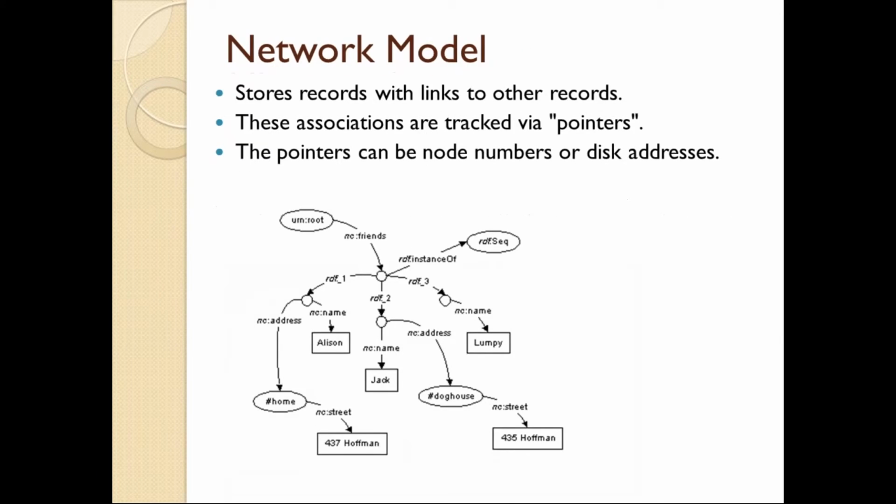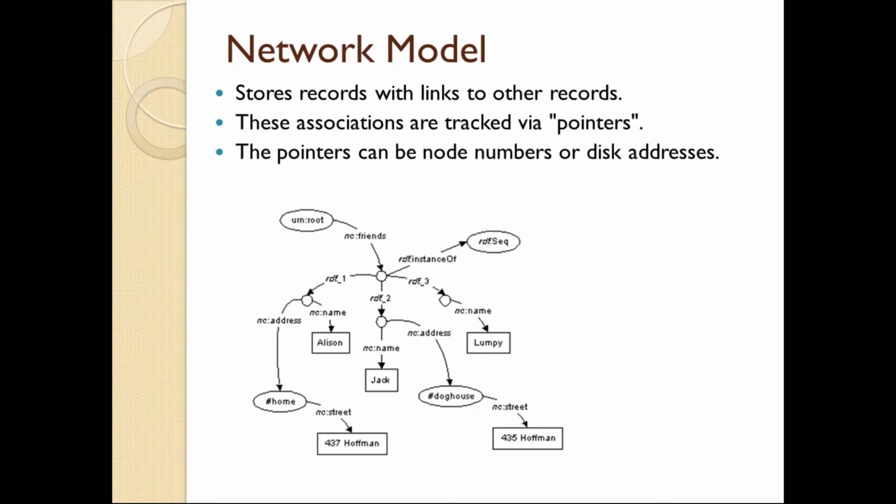And then the network model is a lot more complex. So you look at this, you see, well, this is an RDF semantic web representation. Exactly what it is trying to show is the detailed relationship between data pieces. Therefore, you have somebody whose name is Jack, and the address is in the doghouse, and in the particular street address of 435 Hoffman.